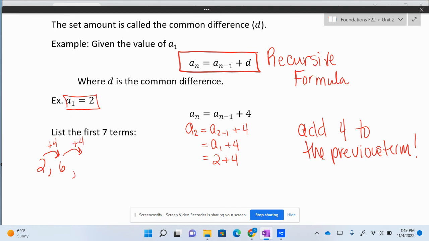What's the next term? And we add 4 to that. And we add 4 to that. And we add 4 to that. 22. And we add 4 to that. 26. 1, 2, 3, 4, 5, 6, 7. So those are all of the first 7 terms.